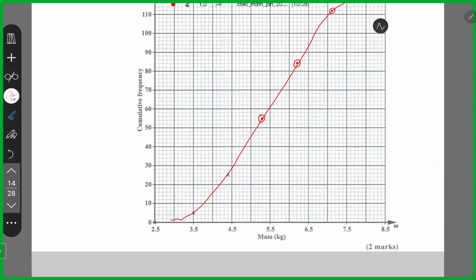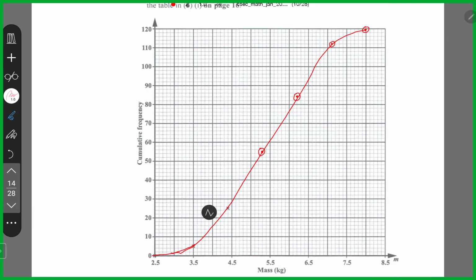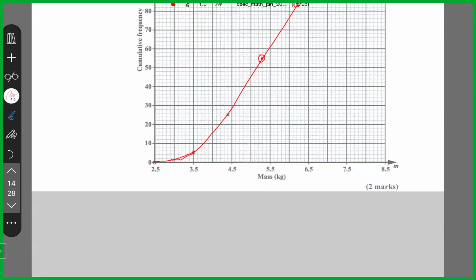I'm dropping the ball near the end, but I'm not going to start over. All right, so here's our cumulative frequency curve. Let's see if they have any questions on it.